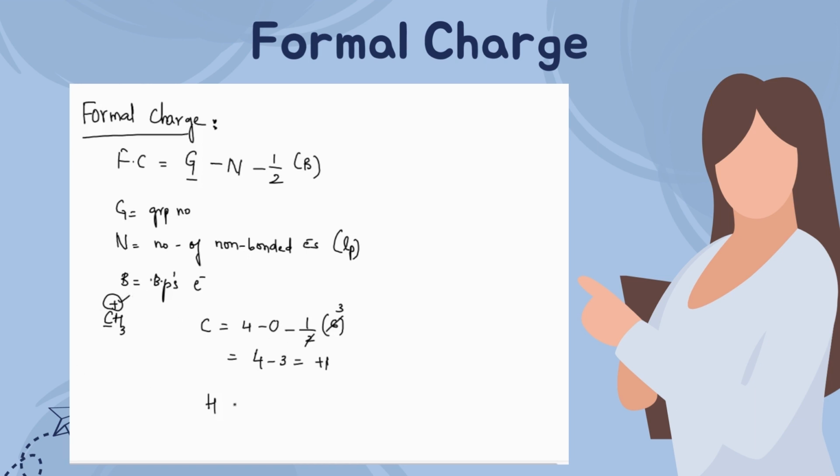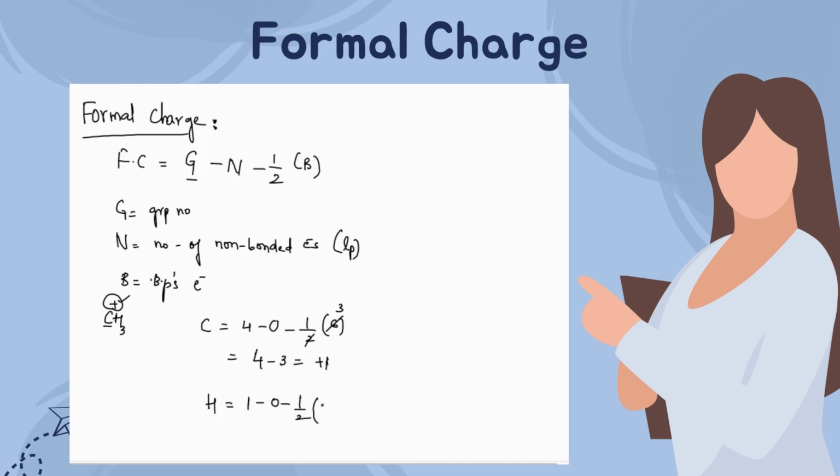Now similarly we can calculate the formal charge on hydrogen as well. Hydrogen belongs to which group? It is the first member of the periodic table. It belongs to group 1A. Minus the number of lone pairs on hydrogen, which is 0. There is no chance of having lone pairs on hydrogen. Minus half into the number of bonded electrons of each hydrogen. How much is that? Each hydrogen can bond with the carbon only by one electron. One electron will be contributed by one hydrogen, one electron will be contributed by the carbon.